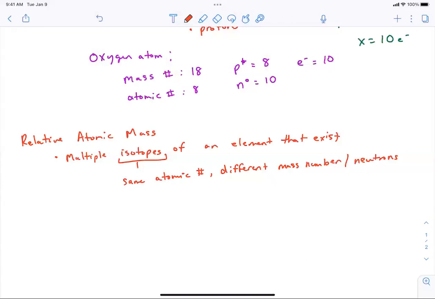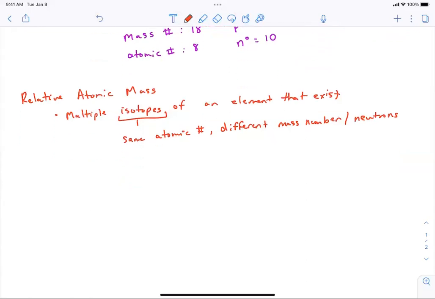Okay, and because these elements exist in all these different mass numbers, we can't count every single atom of a sample of elements and say, okay, we need to measure every single individual atom. So what scientists did was they determined the abundance of each isotope.